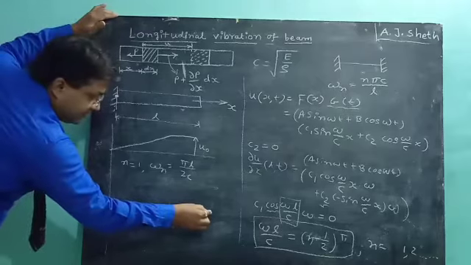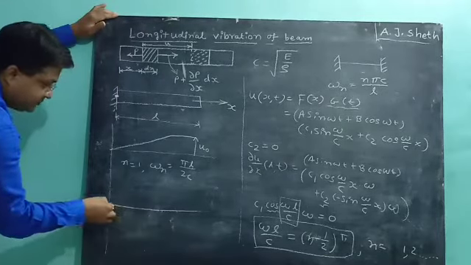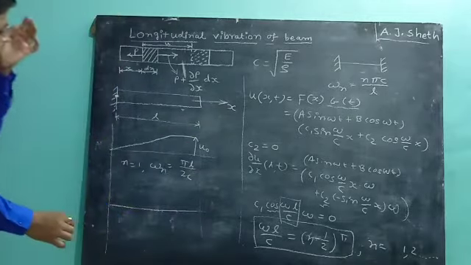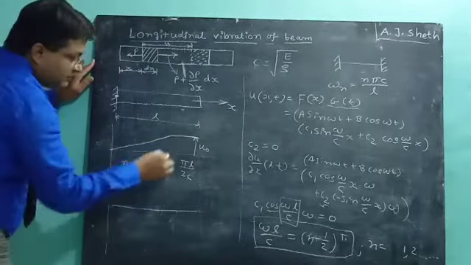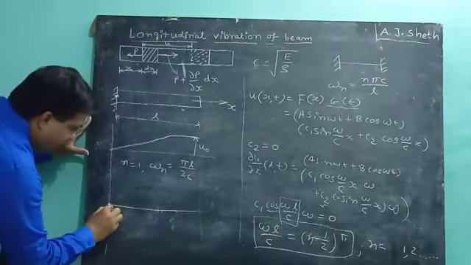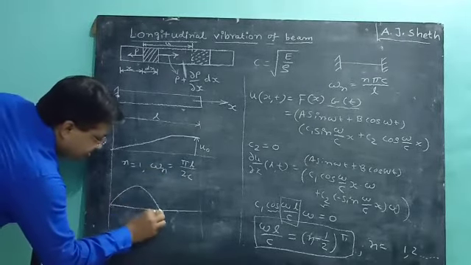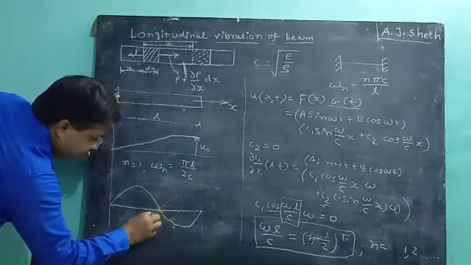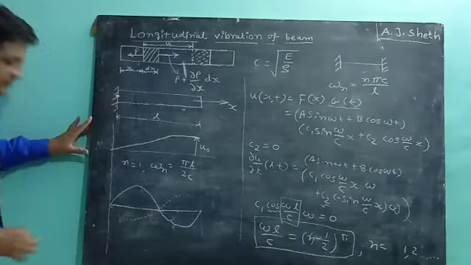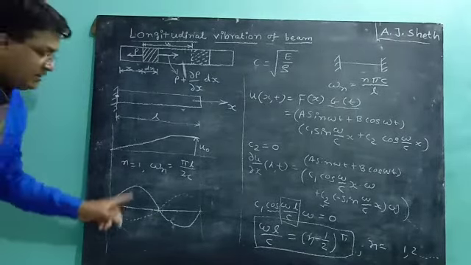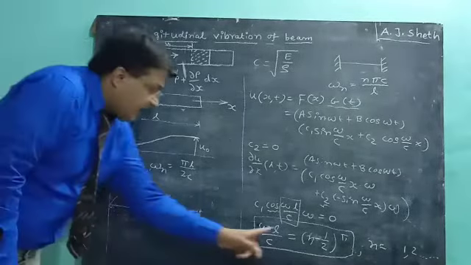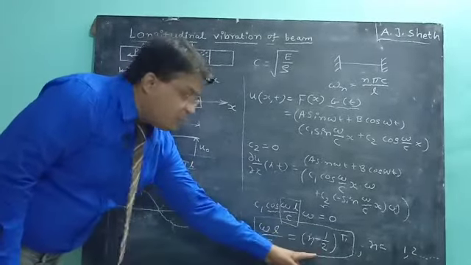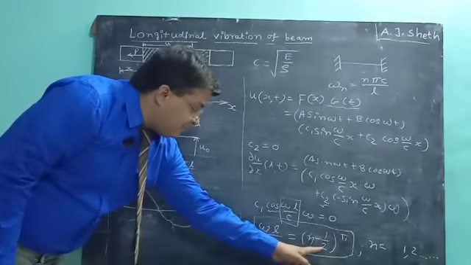Likewise, the second mode shape. Simply put n equal to 2, so 2 times 2 minus 1 is 3 by 2, so 3 pi by 2.